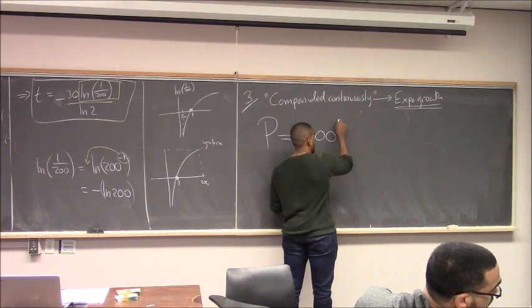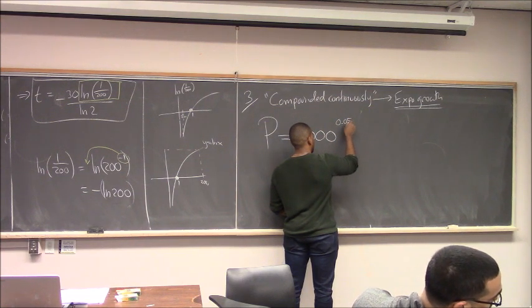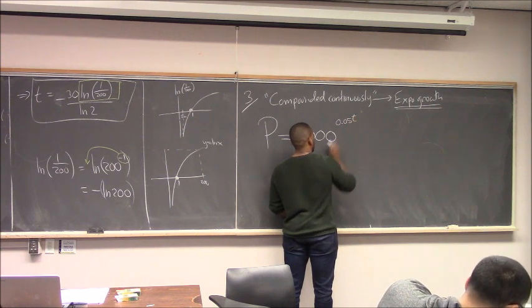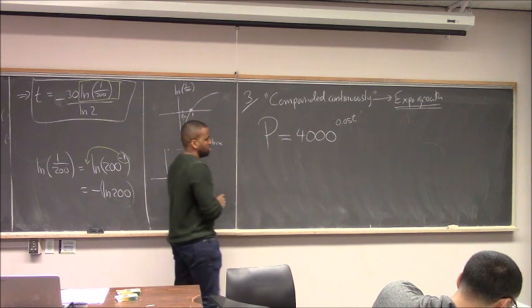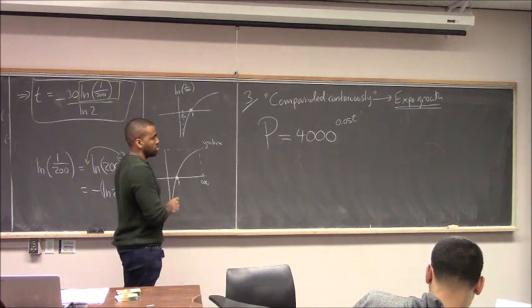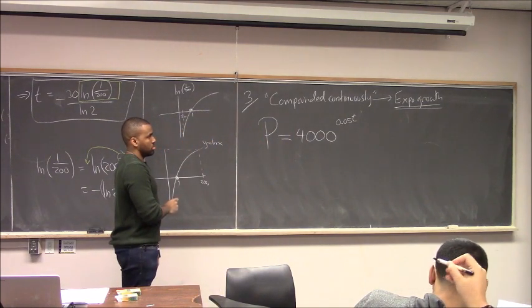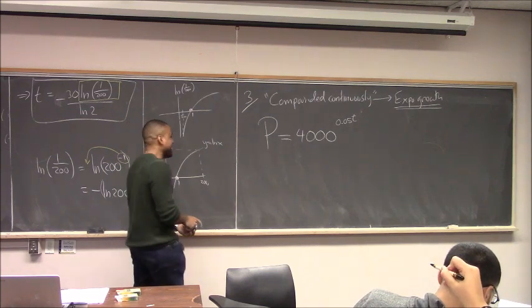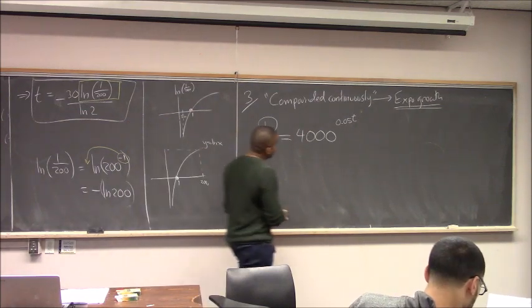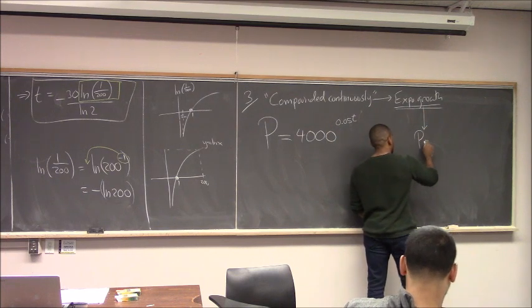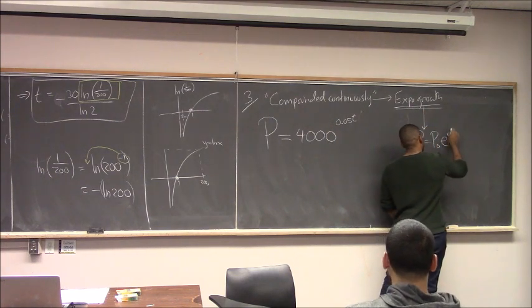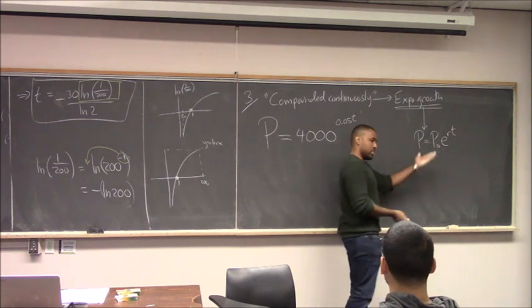Yes. 0.05 times T. Like that? And E after the 4. How do you forget the E? It's exponential growth. That means this is the formula. That will always be the formula.